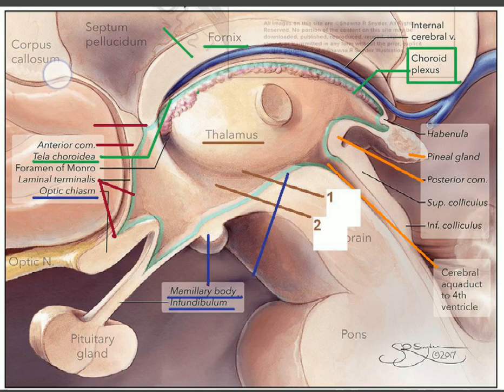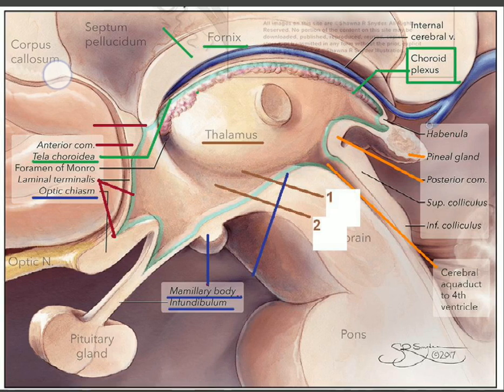It separates the thalamus from the hypothalamus and it extends from the interventricular foramen of Monro to the cerebral aqueduct. This is the extent of the hypothalamic sulcus. And the lateral wall is also bounded by the hypothalamus, that is the medial surface of the hypothalamus, and it bounds the anterior inferior part of the cavity.